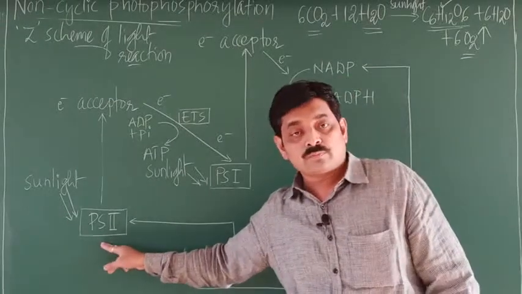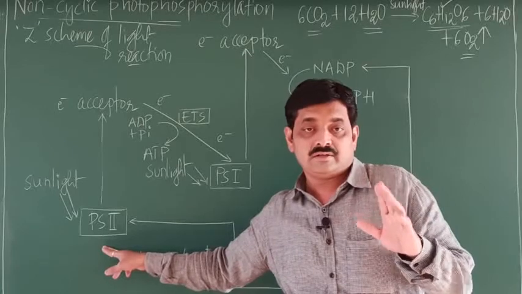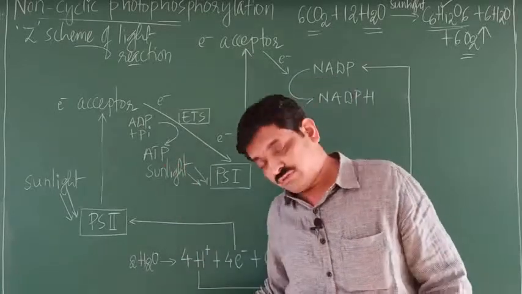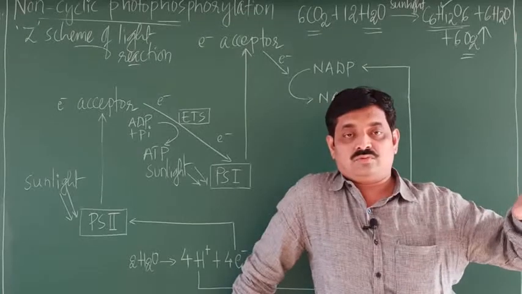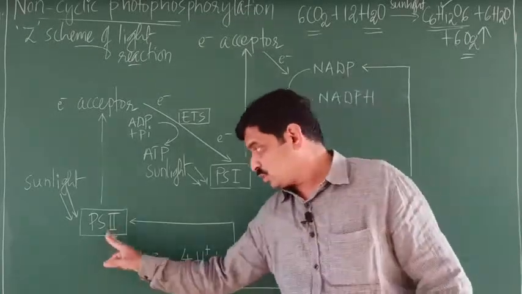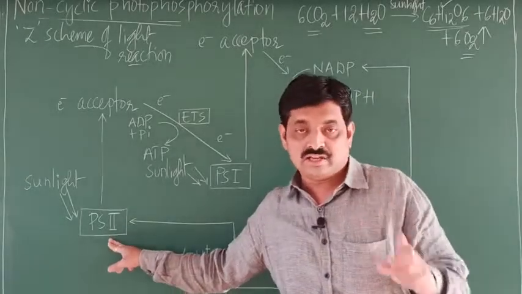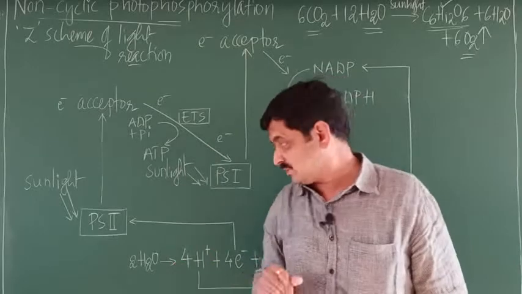Photosystem 2 is involved only in non-cyclic photophosphorylation. You don't see photosystem 2 in cyclic photophosphorylation.